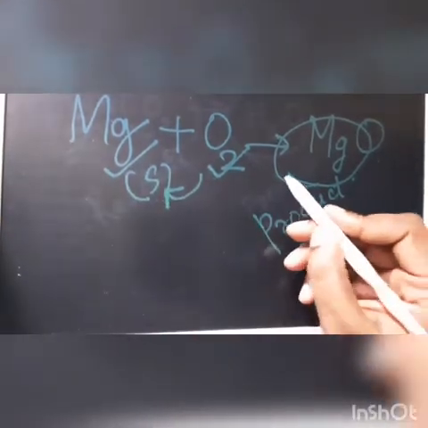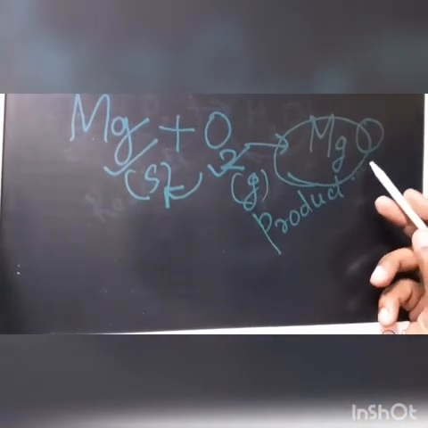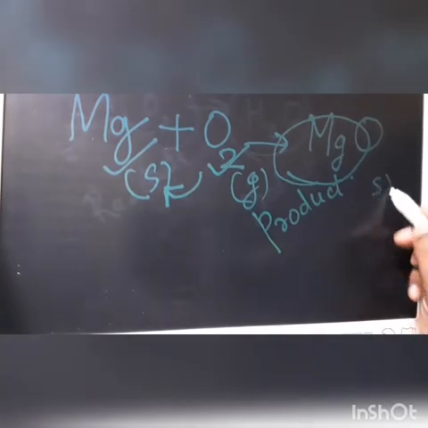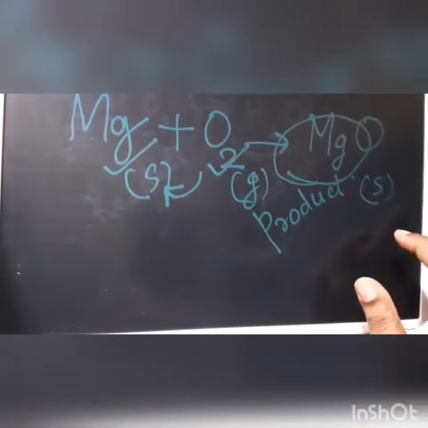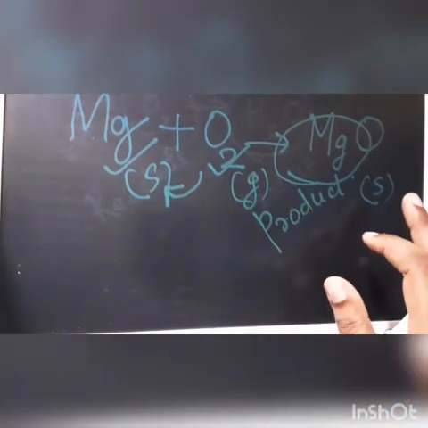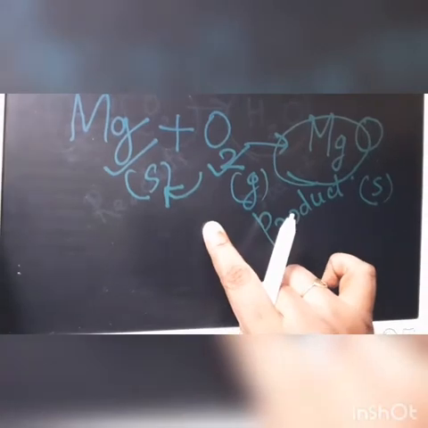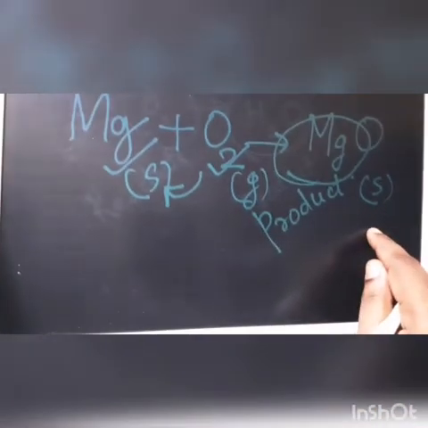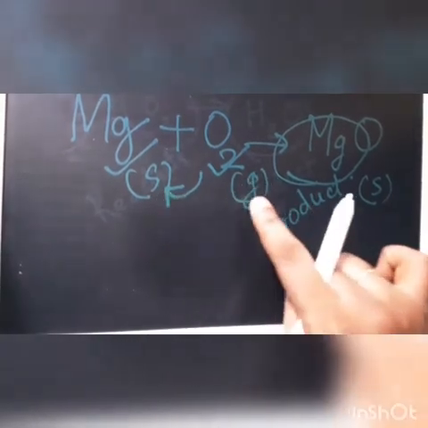And oxygen is a gas, whereas magnesium oxide is a solid. So a chemical equation involves the use of symbols of substances of reactants and products with mention of the physical state.